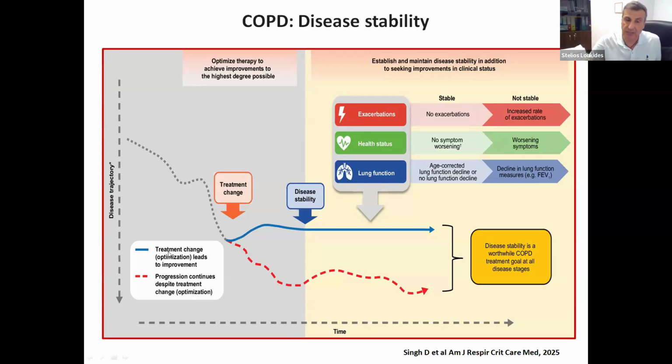So the treatment change, the treatment optimization, leads to improvement. And of course, in some patients, we have the progression, which continues despite the treatment optimization. But the main target is the disease stability. It's, I think, the worthwhile COPD treatment goal at all COPD stages.